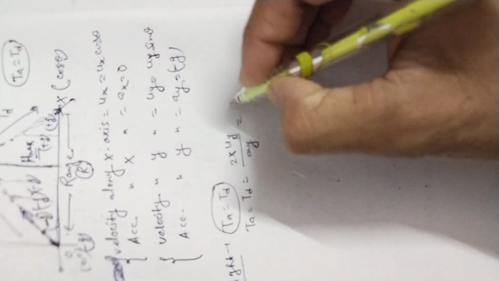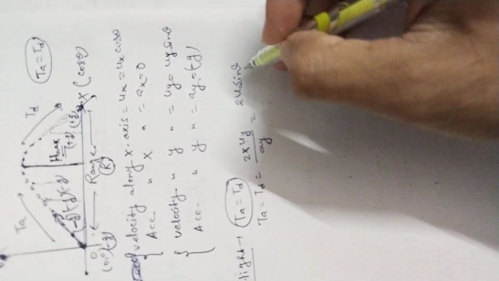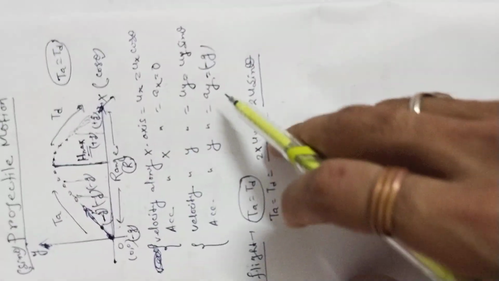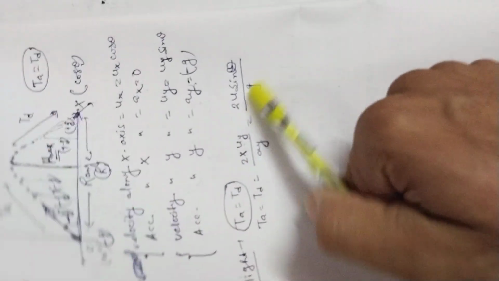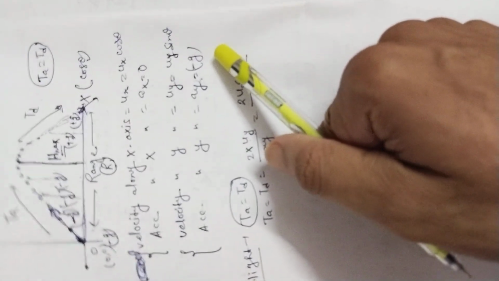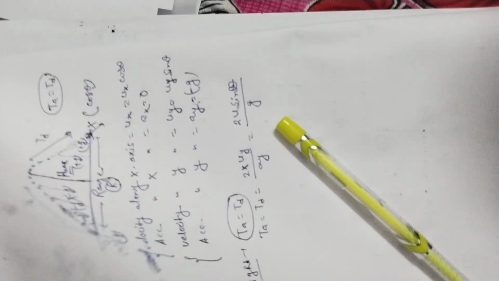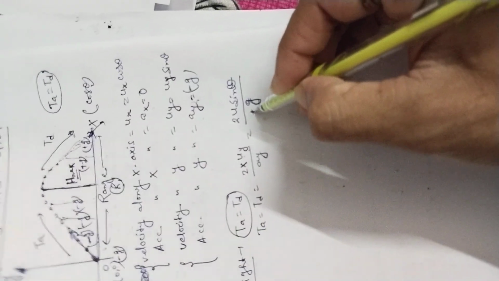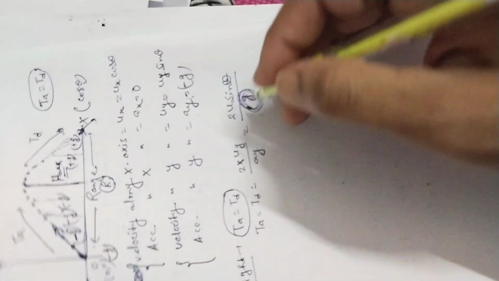So I write 2u sin theta by ay, along y, ay is g. I can also put g over here, but g is minus of g. In the numericals I also write the minus of g, but in theory it is not mentioned over here, because there is no need for the plus or minus.